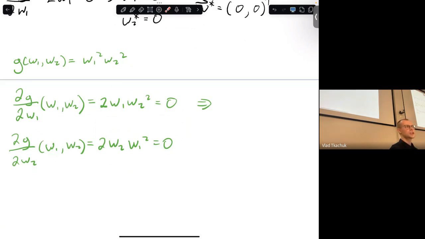And that's going to be the general story for higher dimensions. We're going to get a system of D equations with D variables, and you need to solve for it. Okay, but in this case, it's kind of obvious. This actually just implies that this has to be equal to 0. And this tells you this should be equal to 0. Okay. But in the assignments, you'll see other cases.